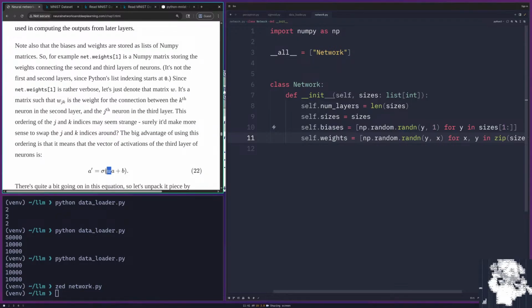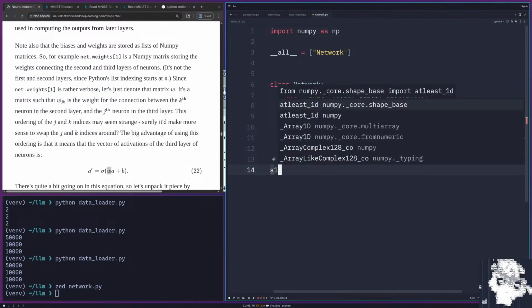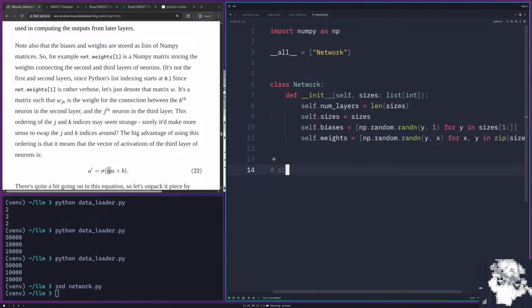W is a matrix. We've got this big column vector, and each row here is a sigmoid neuron.